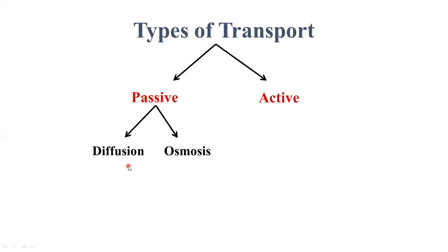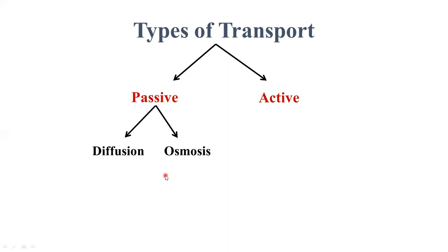So here are similarities and some differences between diffusion and osmosis. The similarities are that both processes are passive because in both situations no respiratory energy is required. And the second similarity is that the movement of the substances is down the concentration gradient.